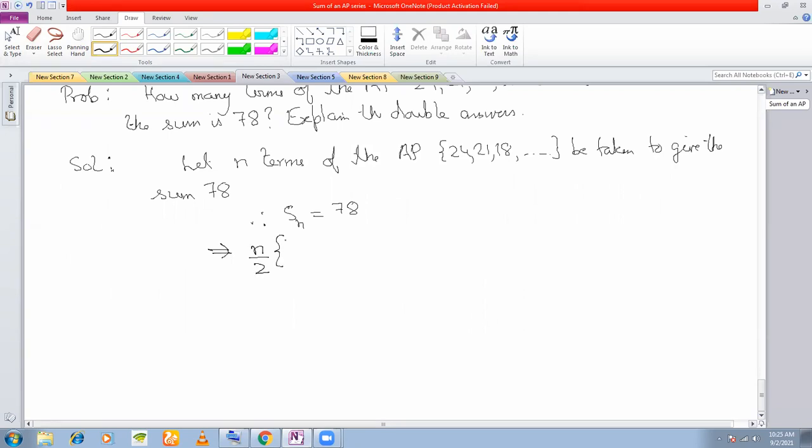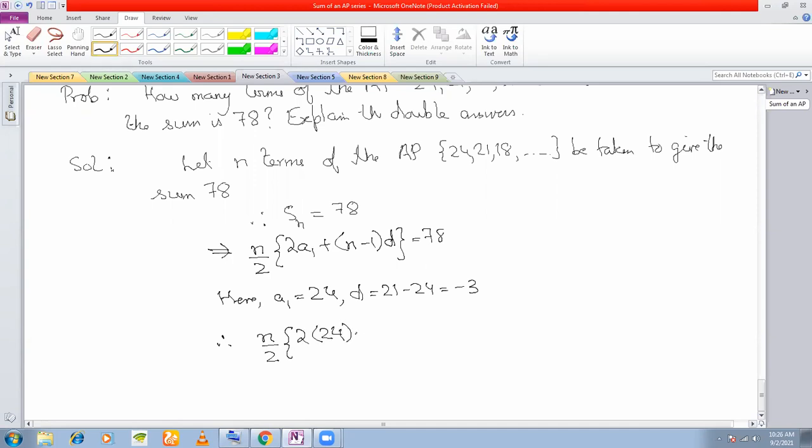Put the formula here. n by 2 into twice a1 plus (n minus 1) into d is equal to 78. So here, if you see, the first term is 24. The common difference is 21 minus 24, which is minus 3. Okay, so we can find out the value of n from here. Therefore, n by 2 into twice a1 plus (n minus 1) into d is equal to 78.